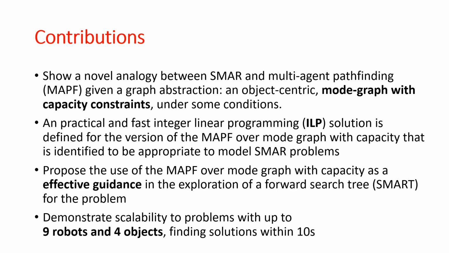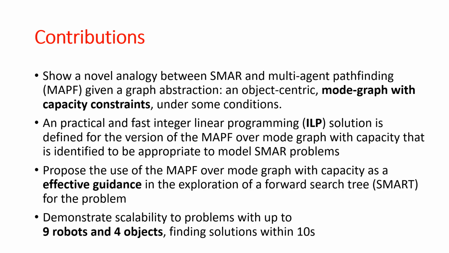And once we have this effective guidance, we incorporate it into a task and motion planning search tree that effectively explores these task transitions and picks these sequences of actions and computes the appropriate robotic motions to actually execute these actions.